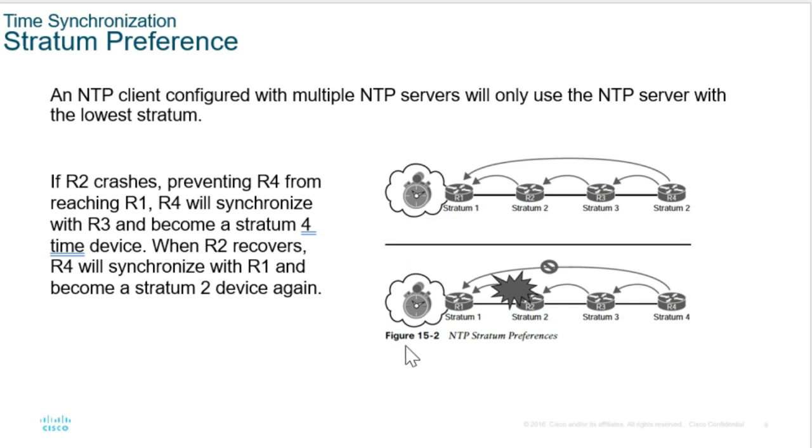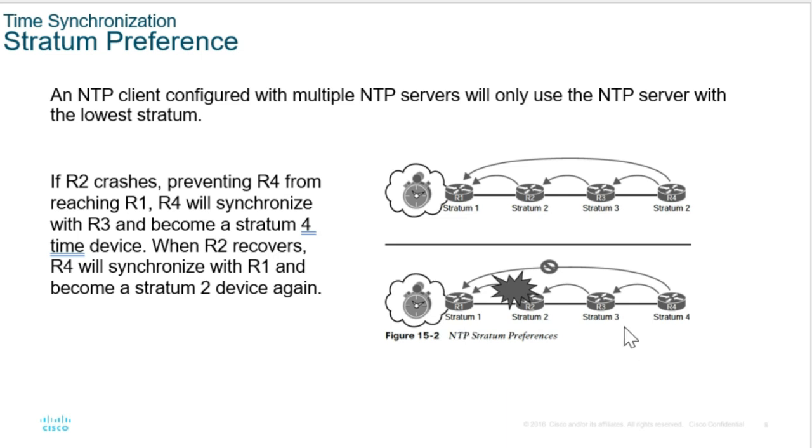However, when something happens to the network, for example, router 2 crashes, the downstream routers will have a problem synchronizing the time, because you cannot directly access router 1 for the stratum 1 reference clock. Since it is associated with multiple NTP servers, it will look at the nearest NTP server with the lowest stratum.